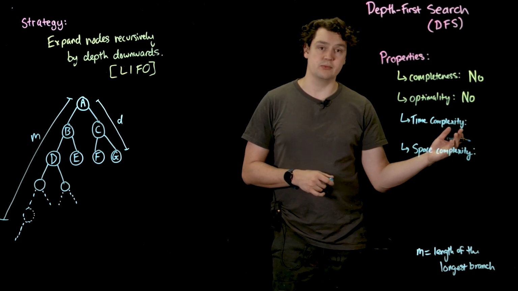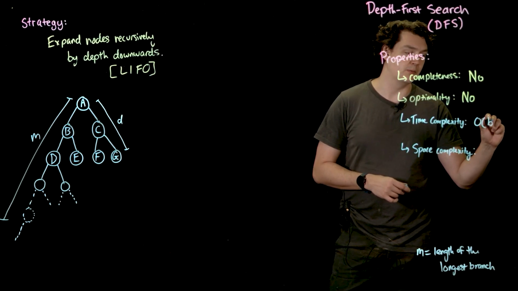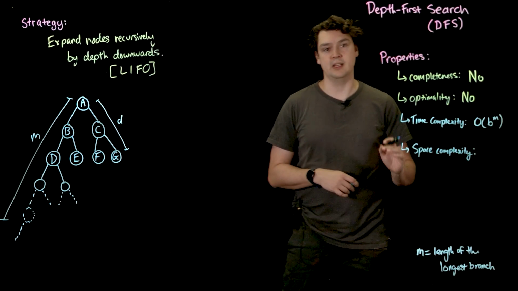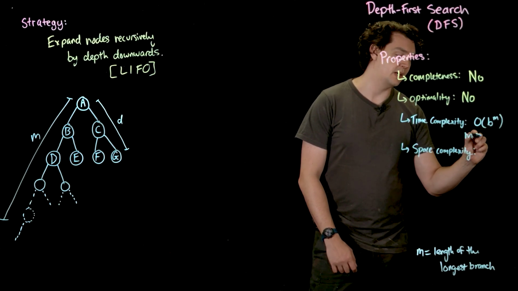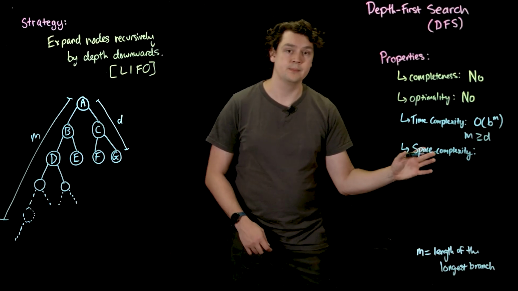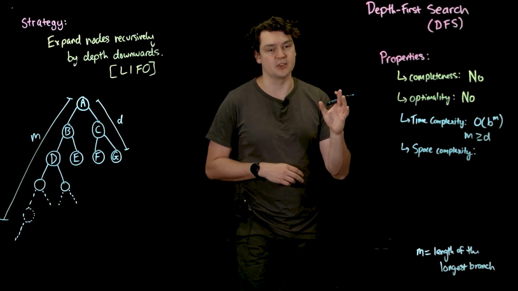And so that is what informs our time complexity here. So it is O of B to the M rather than D. And again, M can often be much larger than D.